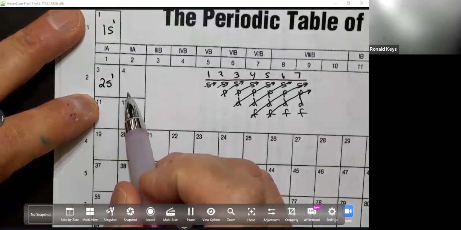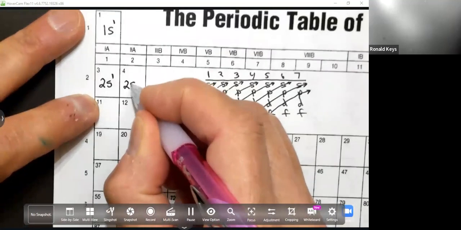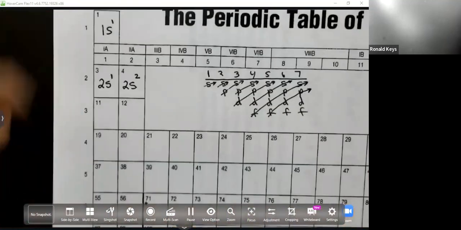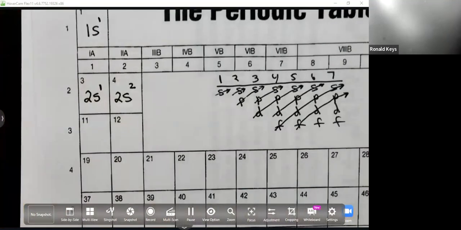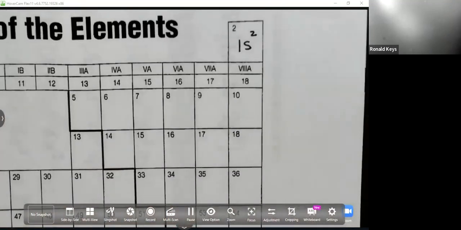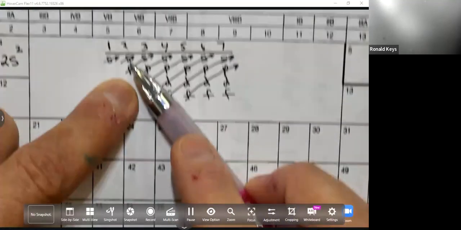Beryllium really is 1s2, 2s2, right? We're just going to add one more electron. This would end in 2s2. After 2s2, this arrow's done.